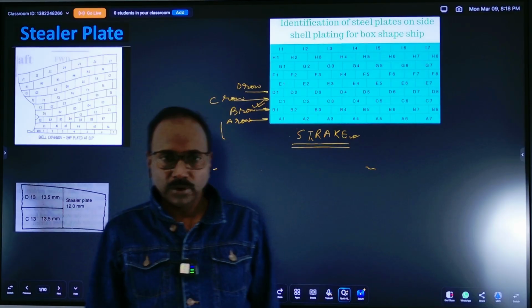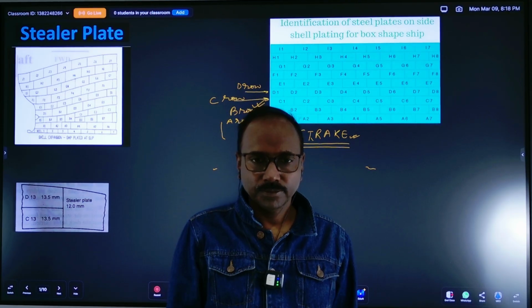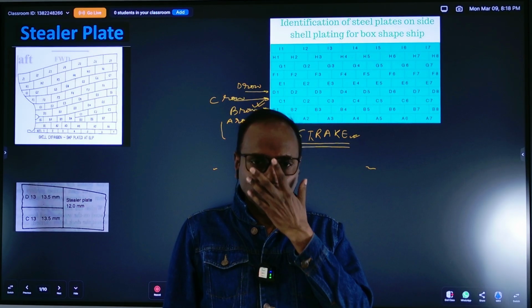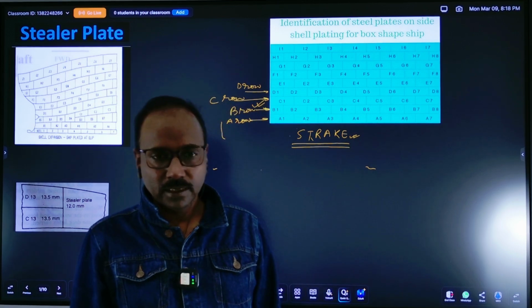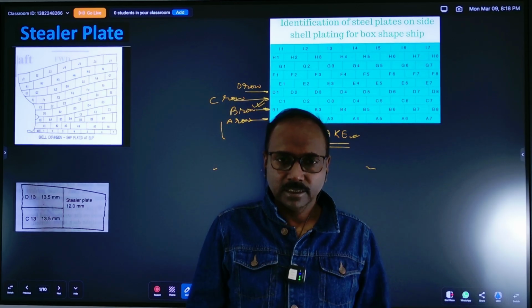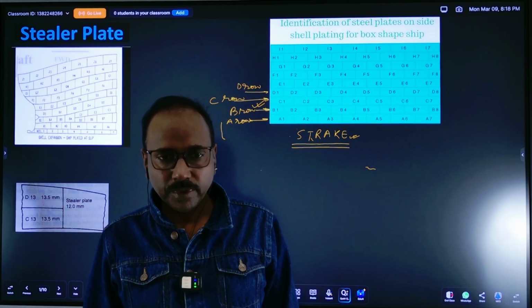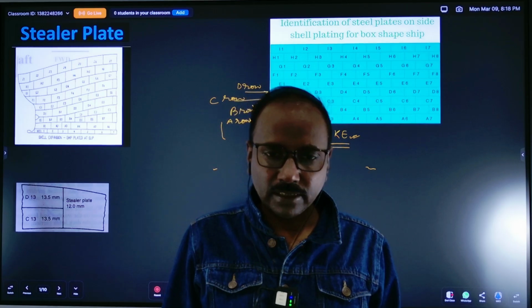Ship cross section is not uniform throughout. You know it very well that in the bow section and in the stern section, the cross sectional area of the ship is reducing drastically.